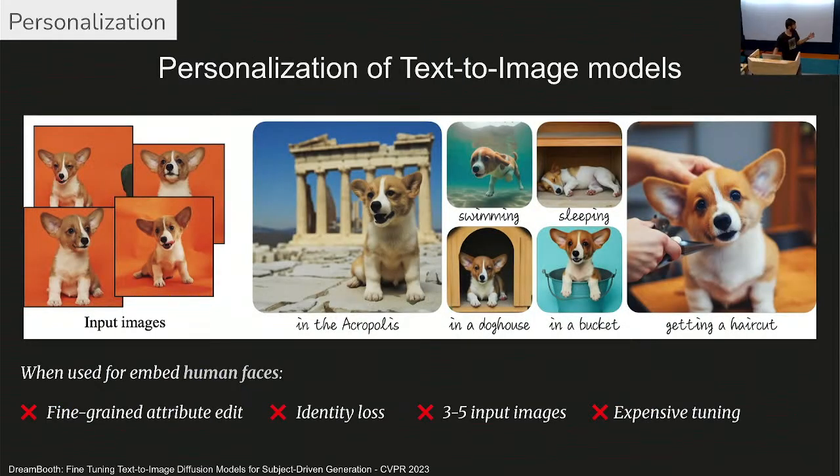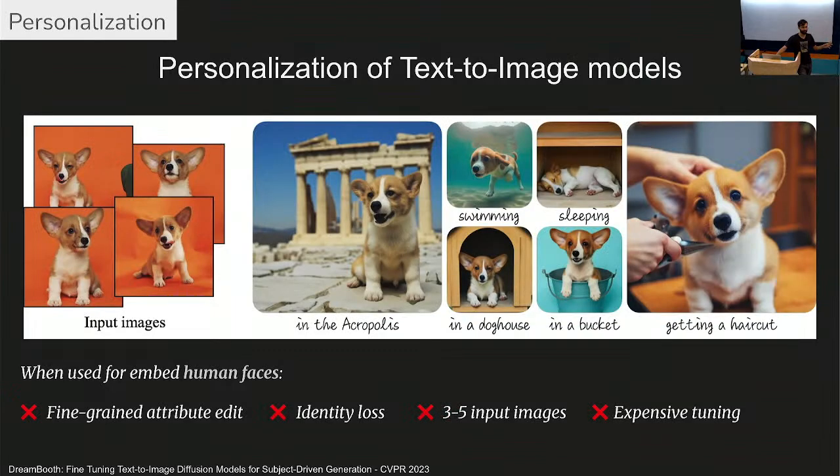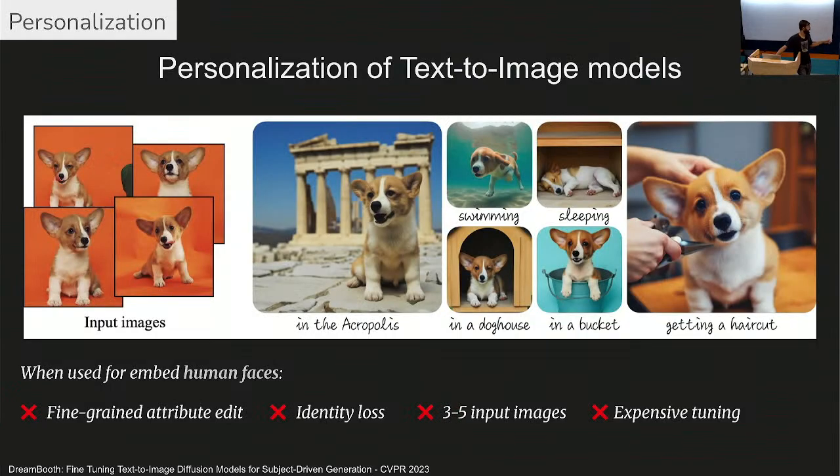Coming back to DreamBooth, if we apply DreamBooth as it is directly for faces, it has several issues. First of all, it does not allow for fine-grained attribute editing. For example, you invert a face, and now you want to change the facial attributes, like making the person smile a little bit or adding eyeglasses. All those things are not possible directly with DreamBooth. Second is identity loss.